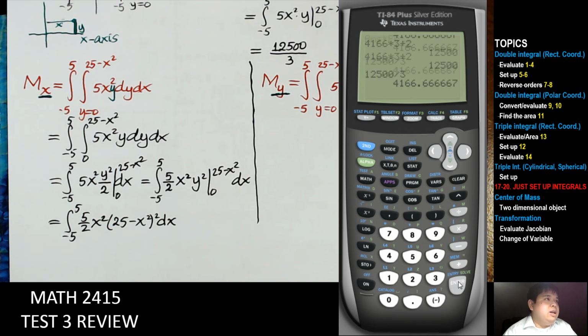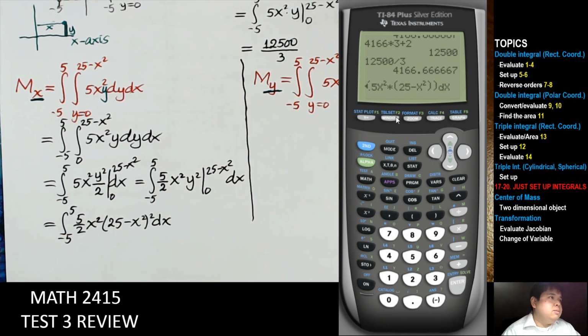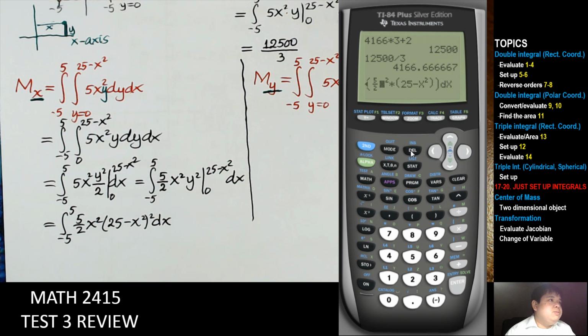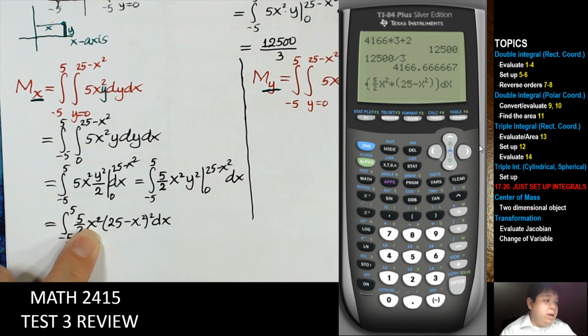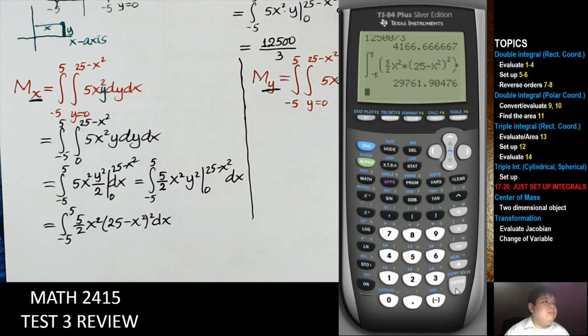We have here, right, so instead of that, we're going to divide by 2. Five over 2 instead of 5. So 5 over 2 x squared, and then 25 minus x squared, and then let's put another square here. Do we have a fraction here?